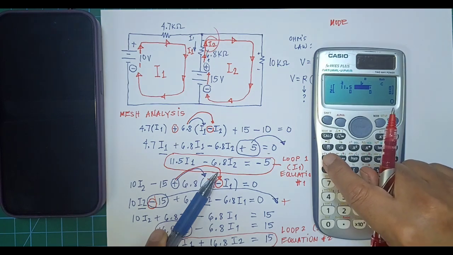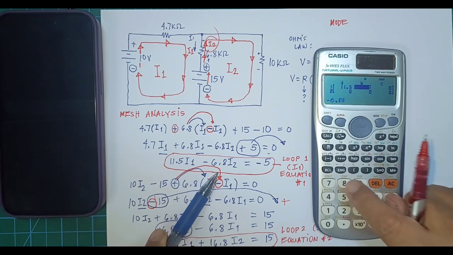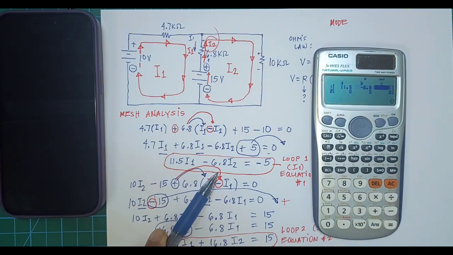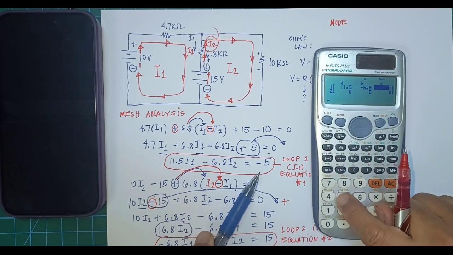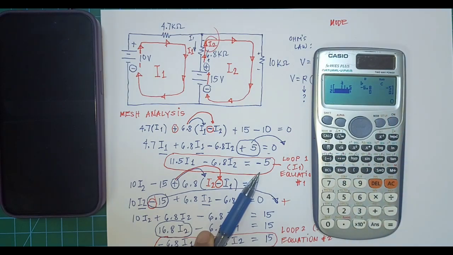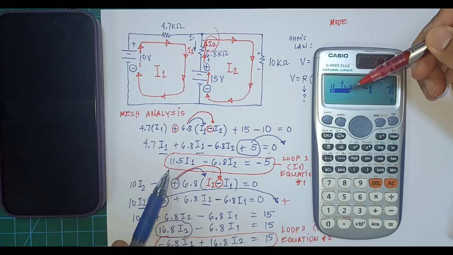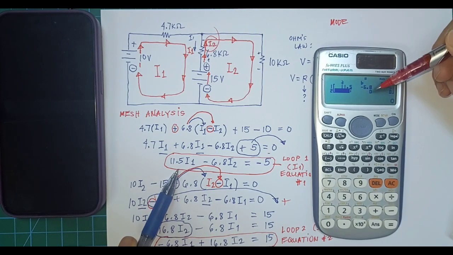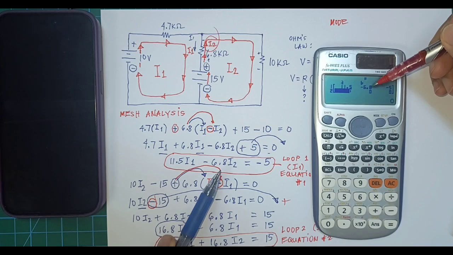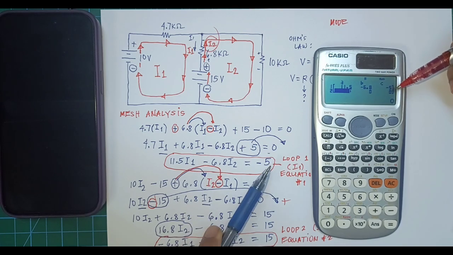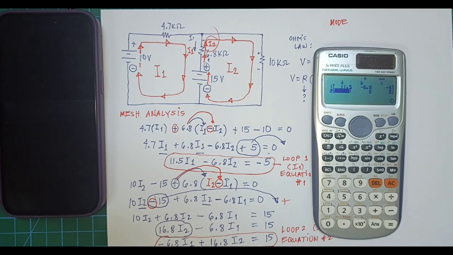So I'll press negative 6.8, equal sign, then negative 5, and then equal. So this 11.5 is representing I1, minus 6.8 is representing I2, and we have the constant of minus 5. Then we continue with the next equation.